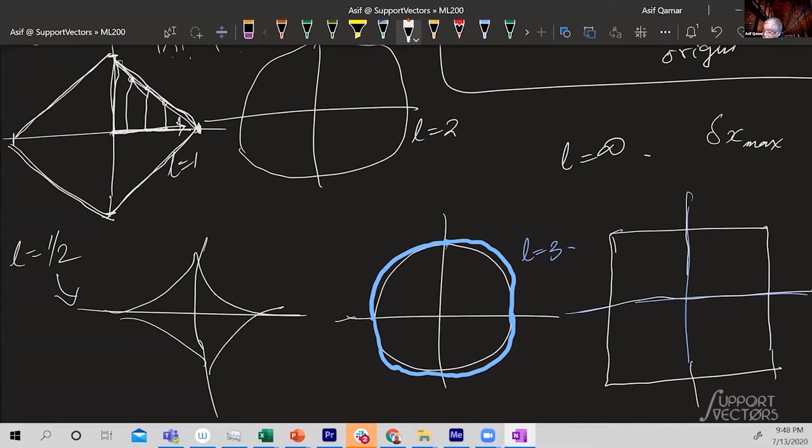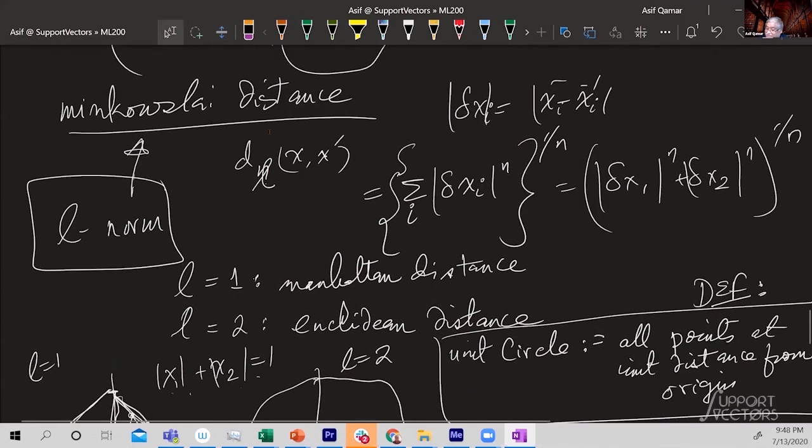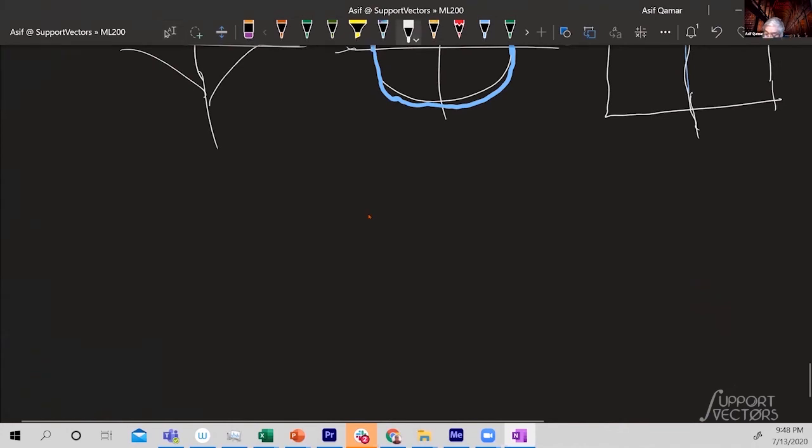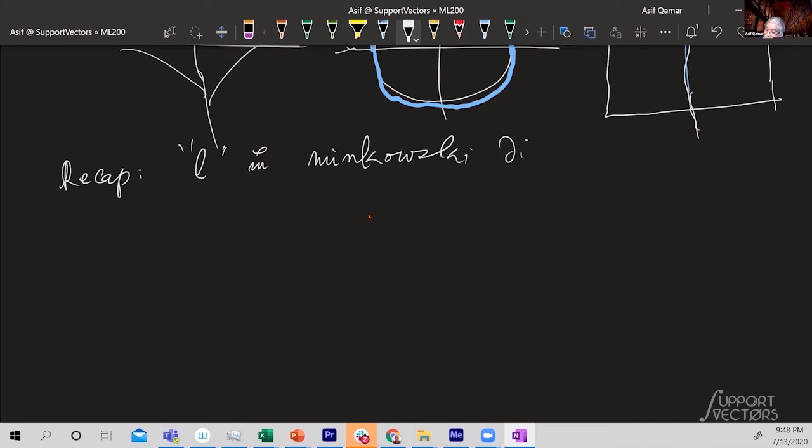So what is L exactly? We talked about the L norm. Let me recap what L is. L in the Minkowski norm. Minkowski's definition of a distance is called the norm. Look at this expression.